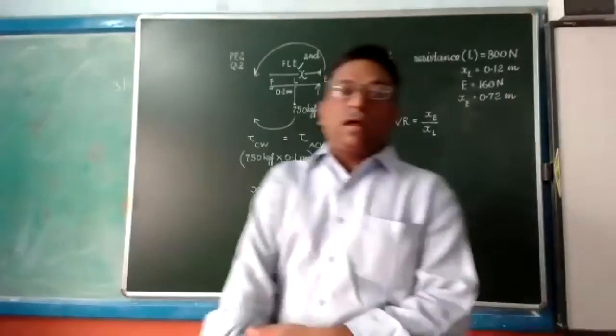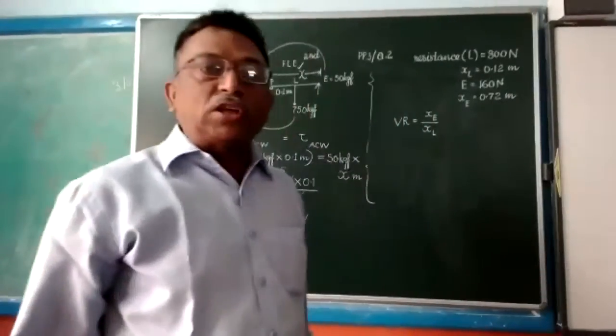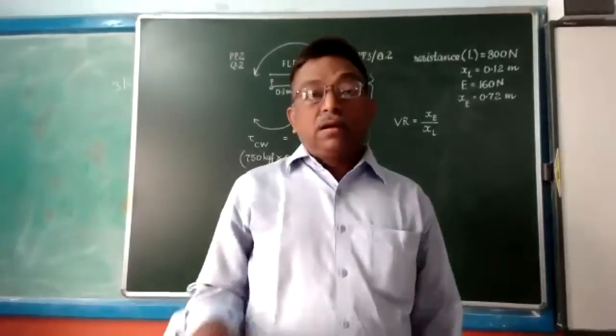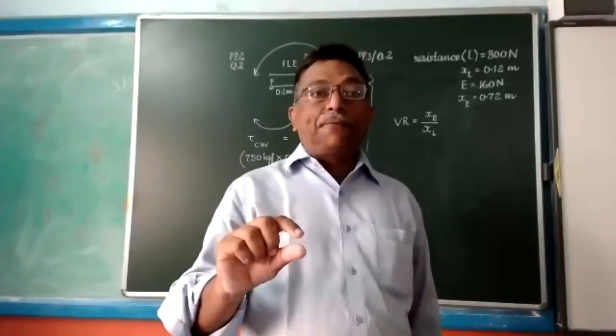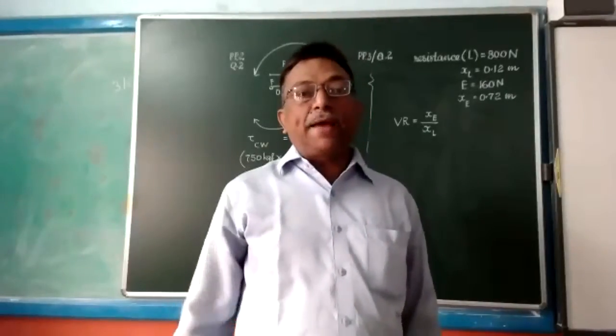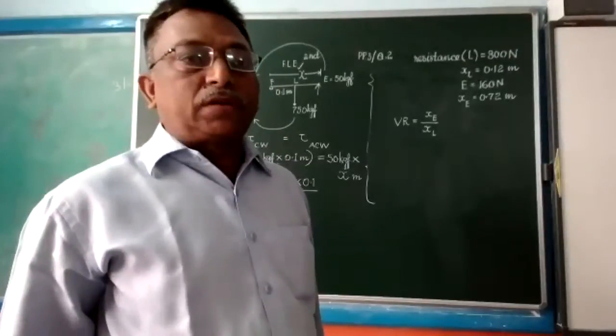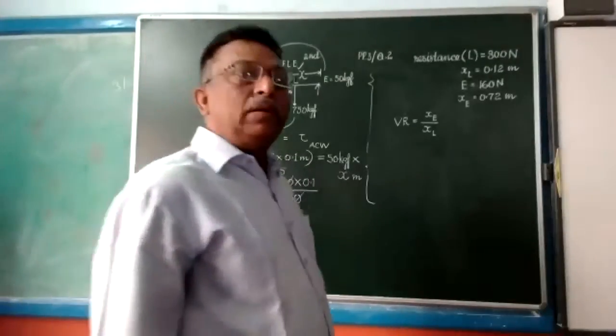Okay. So the formula for velocity ratio is written. So in your question, what is given? The effort distance through which effort is applied and the load distance through which load moves or load is overcome. Clear?